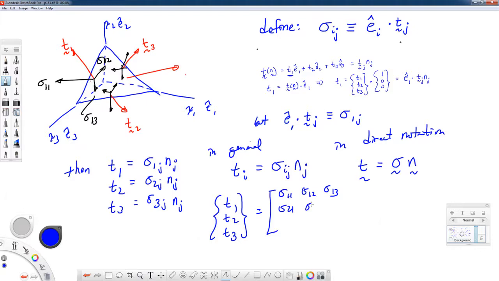At this point, we don't know that the stress tensor is symmetric. There will be an additional restriction that we'll have to apply. So it would be this matrix times the unit normal components of the oblique face.